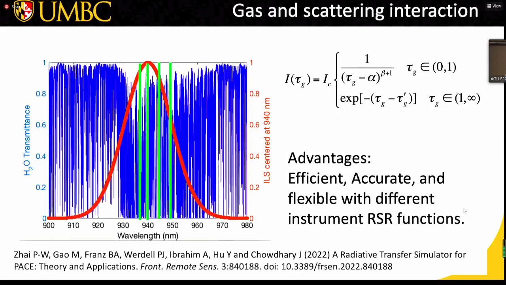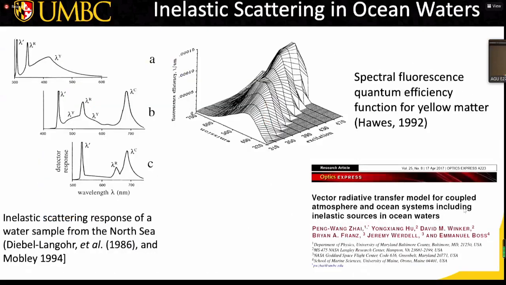instrument line shape function. I also include the inelastic scattering process in the ocean water. For example, here you see the excitation wavelength is here. Then you see the Raman scattering of ocean water and the fluorescence of the yellow matter in the ocean.